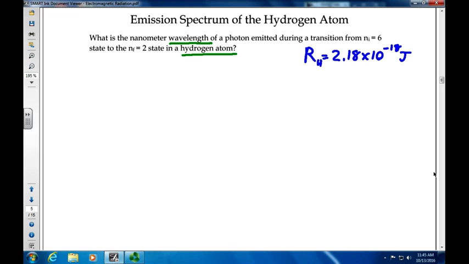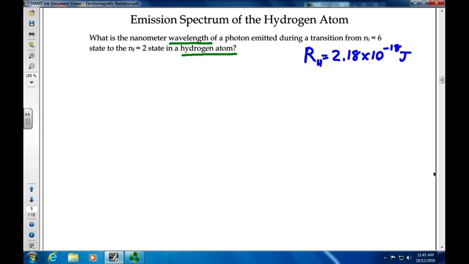We need to get to the wavelength, but we can't do that directly given the principal quantum numbers. So we simply need to get to energy first, because from energy, we could solve for wavelength, we could solve for frequency, we could solve for whatever we need.